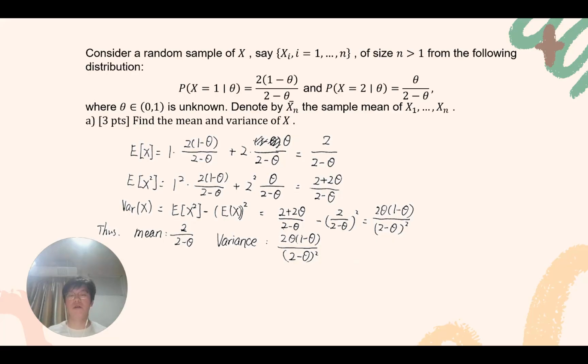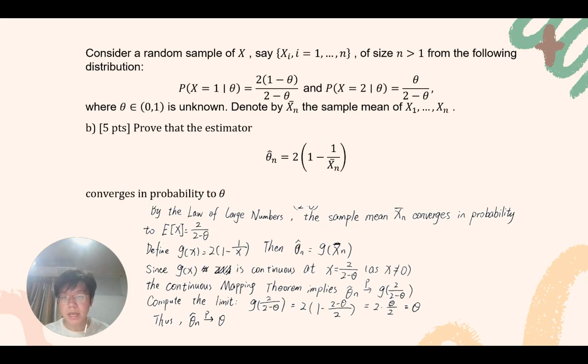And then we can calculate E of x squared, which equals 2 plus 2 theta over 2 minus theta. So finally, we use the formula that the variance of x equals E of x squared minus E of x times E of x. So it equals 2 times theta times 1 minus theta over 2 minus theta squared. So we get the mean and variance of x.